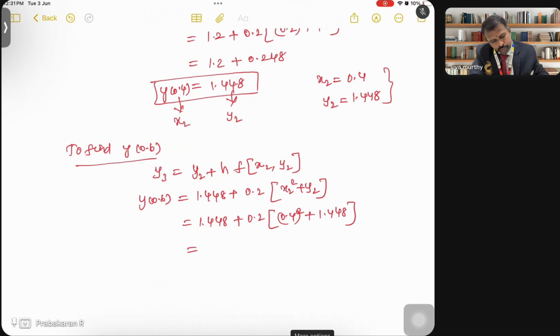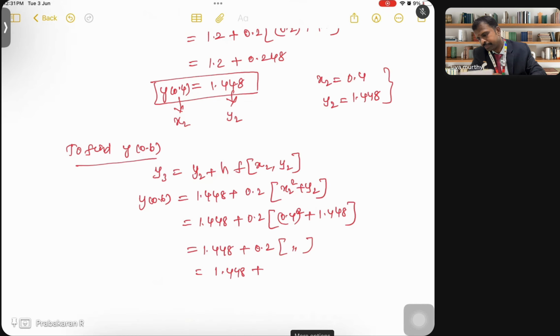So here 1.448 plus 0.2, close the bracket, we get some value, then we are adding 1.448 plus the value, which is 0.3216.